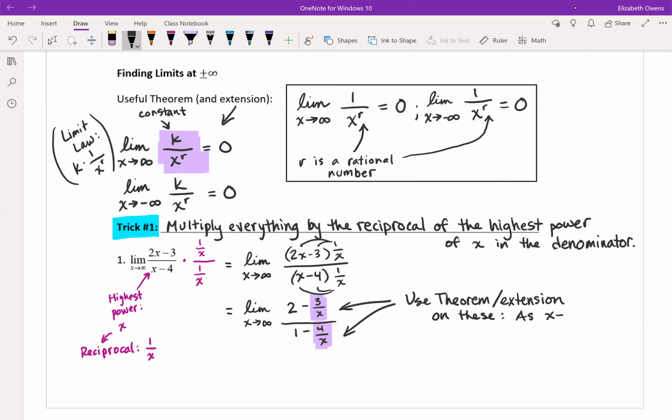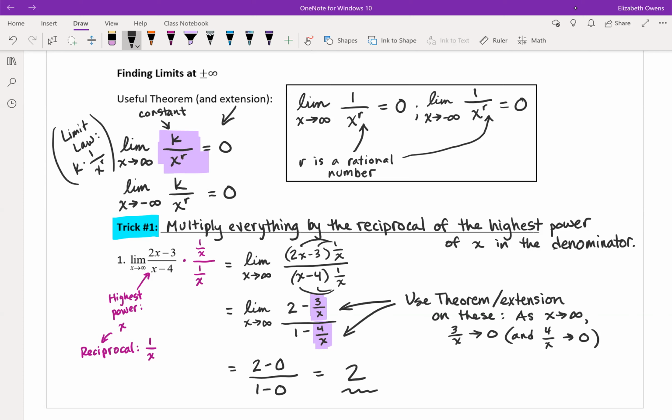As x approaches infinity, 3 over x approaches 0, and the same for 4 over x, which approaches 0. That is where we get to plug in an actual number. We plug in 0 in place of 3 over x and 4 over x, so we get to stop writing limit, and we say 2 minus 0 over 1 minus 0, and we get our result of 2.